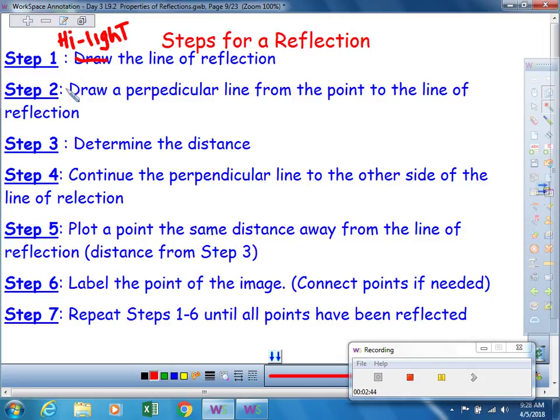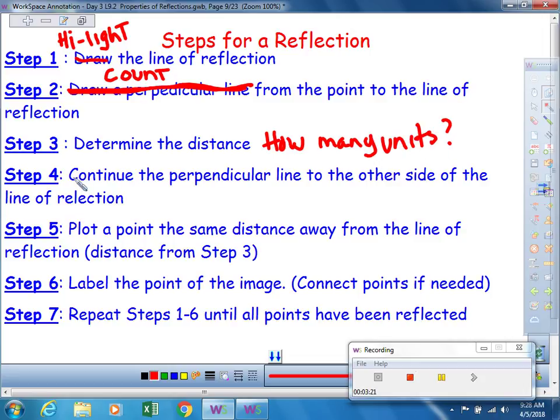And then where it says draw a perpendicular line, I don't draw a perpendicular line, I count. I count from the point to the line of reflection. Determine the distance. How many units? How many units?